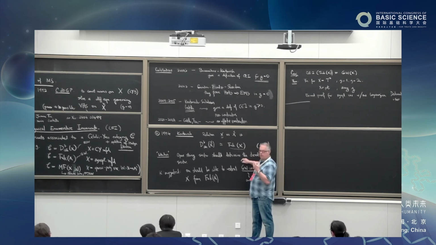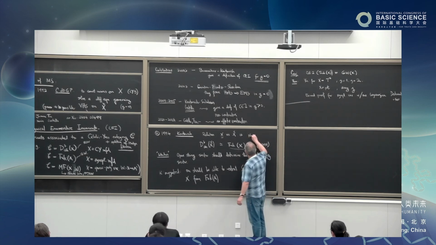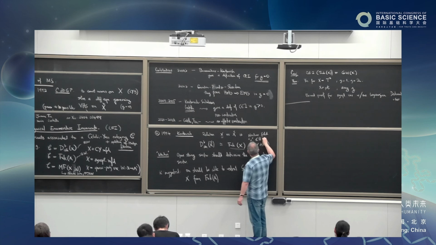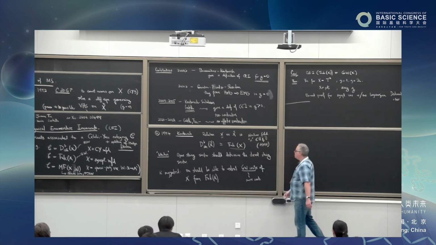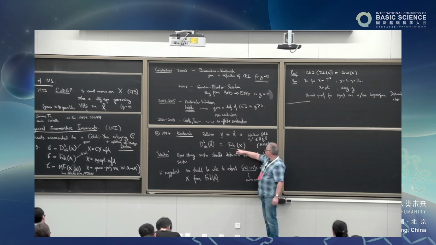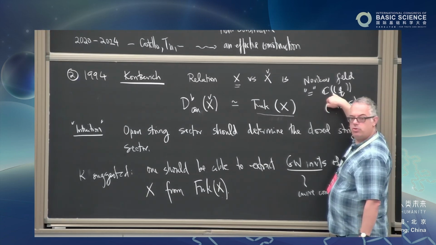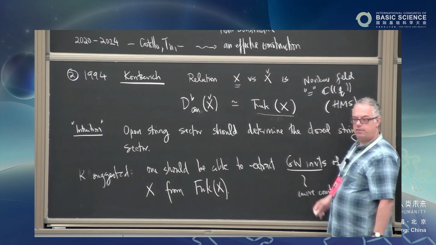Think about the Novikov field as something like, and I'm going to simplify things a lot, C((q)). And this category lives over this field. What that means is that all the morphisms are modules over this field.